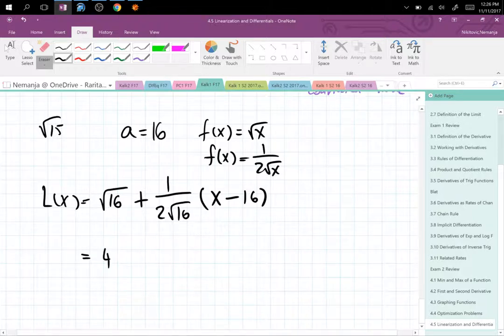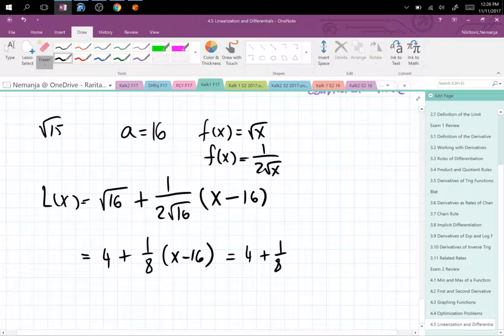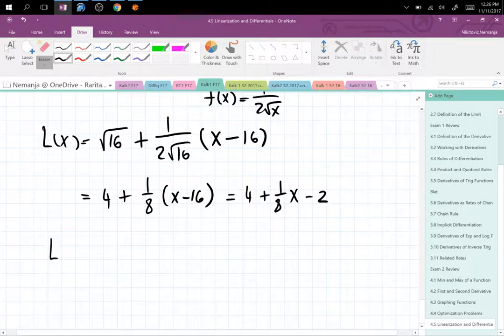Compute 4 plus 1 over 8 times x minus 16. 4 plus 1 over 8 x minus 2. And here is your linearization equation, which is the tangent line. L of x is equal to 1 over 8x plus 2.